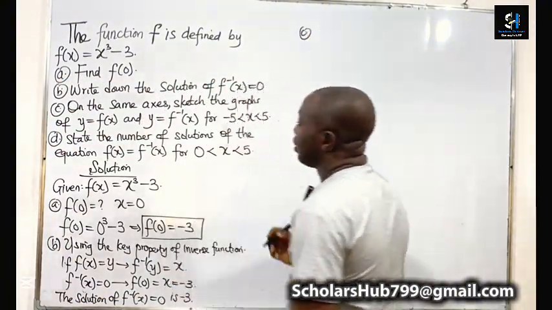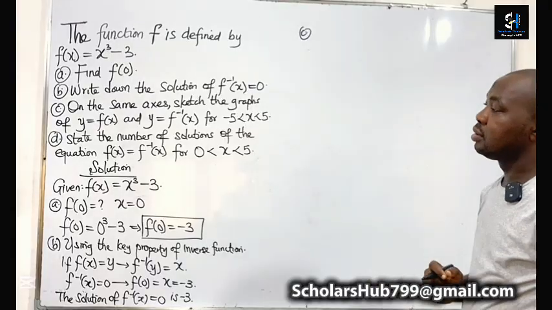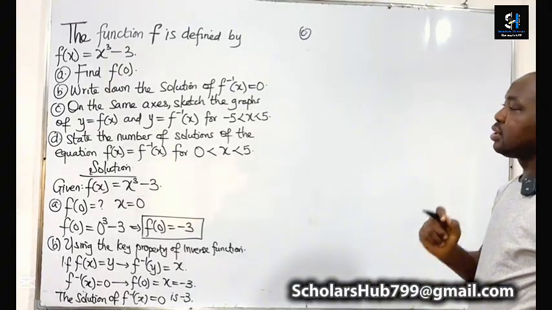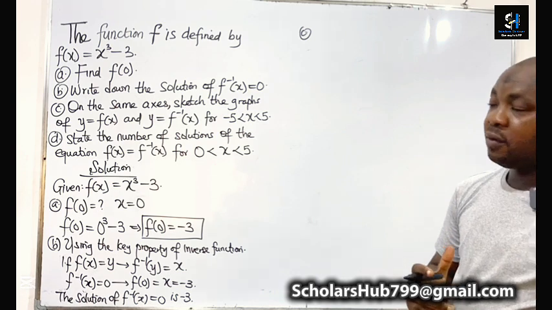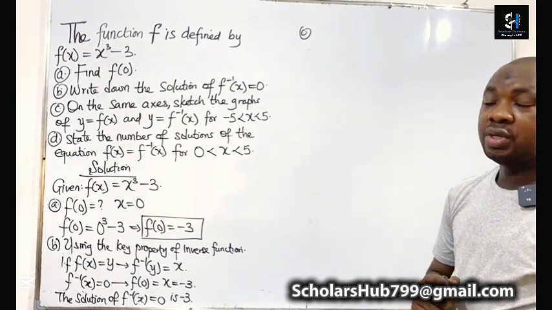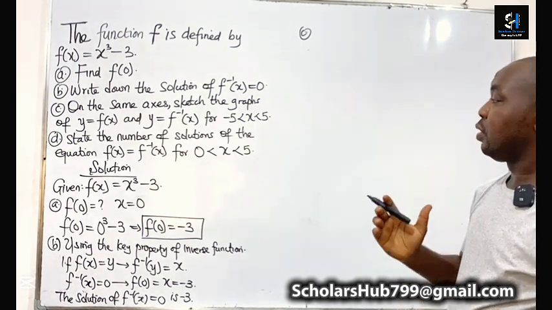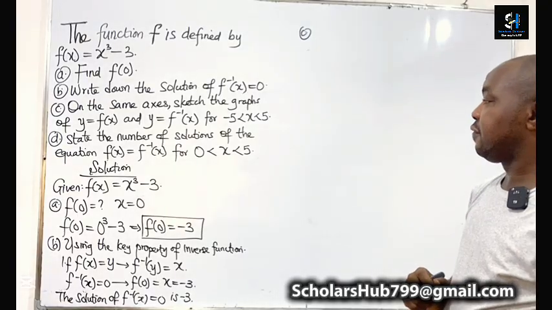C. On the same axis, sketch the graphs of y equals f of x and y equals inverse function of x for -5 less than x less than 5.